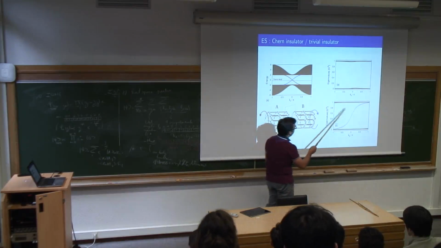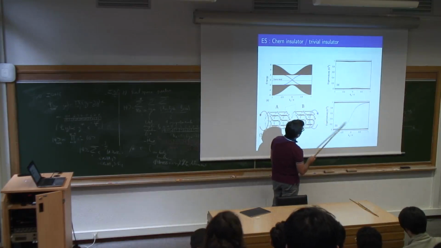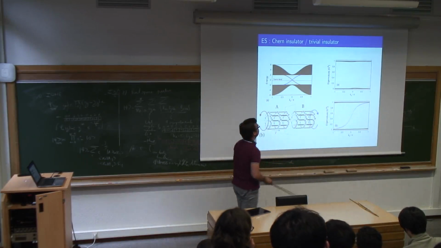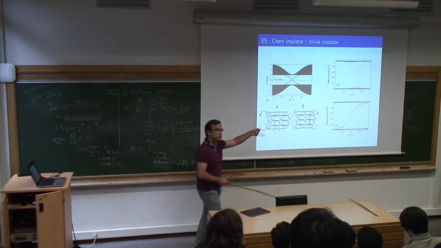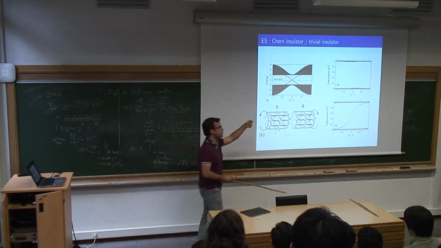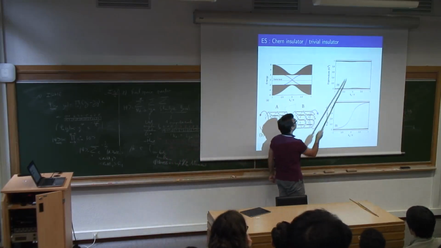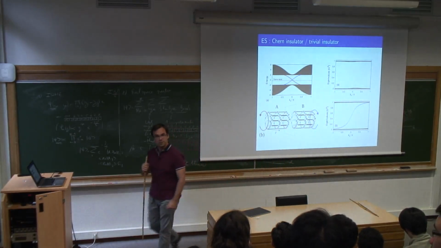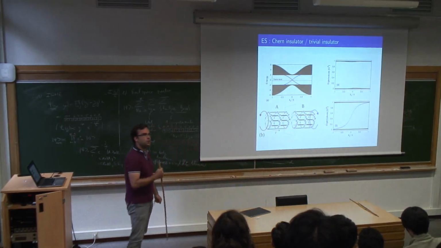You will find the analogue of a conduction band, a valence band, and one edge mode going from the conduction band to the valence band. If you drive your system now to a trivial phase just by increasing M, the edge mode will disappear. So yes, it makes a difference if you have a topological phase or not.